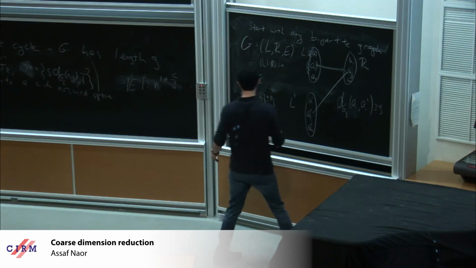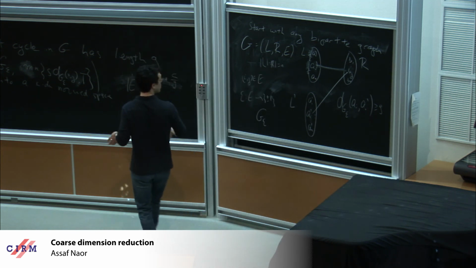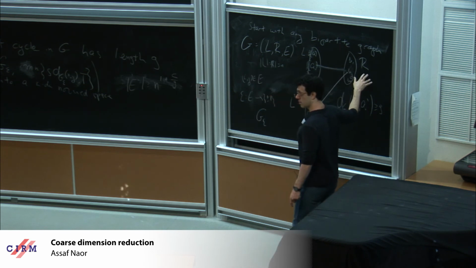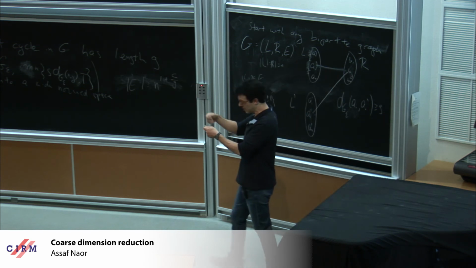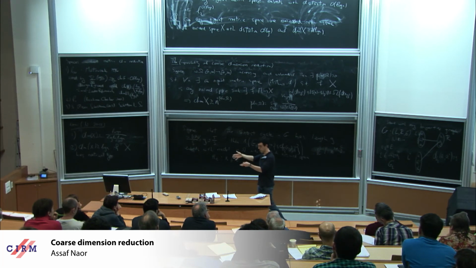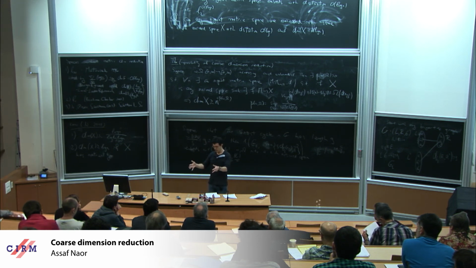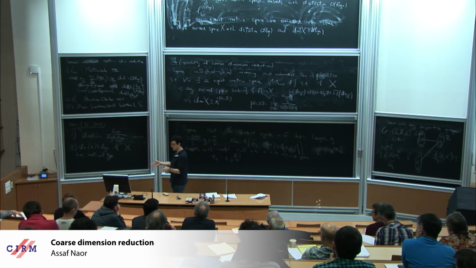And using this functional, I build an n by n matrix, which is the trick Matoušek found, of applying the functional to certain points, and you get a certain matrix, which is a closed formula. And the fact that the target space was low dimensional means that this matrix is low rank.